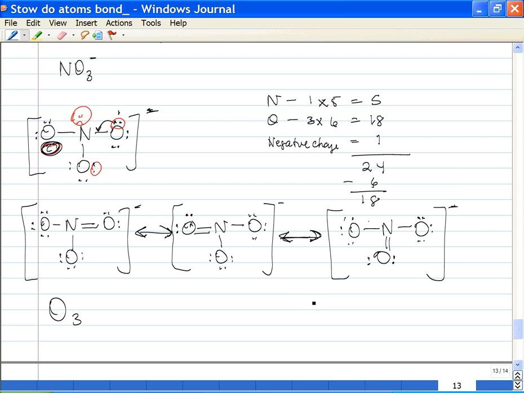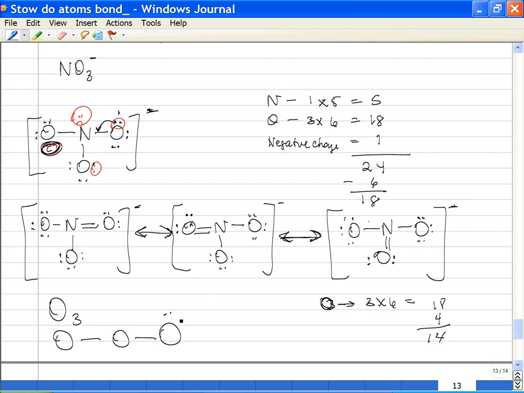O3. I'm going to go through this fast because we already know we have three oxygens. They each have 6 electrons. When we draw a skeletal structure, we have three oxygens connected together. There's no charge, so we use up 4 of our electrons in bonds.